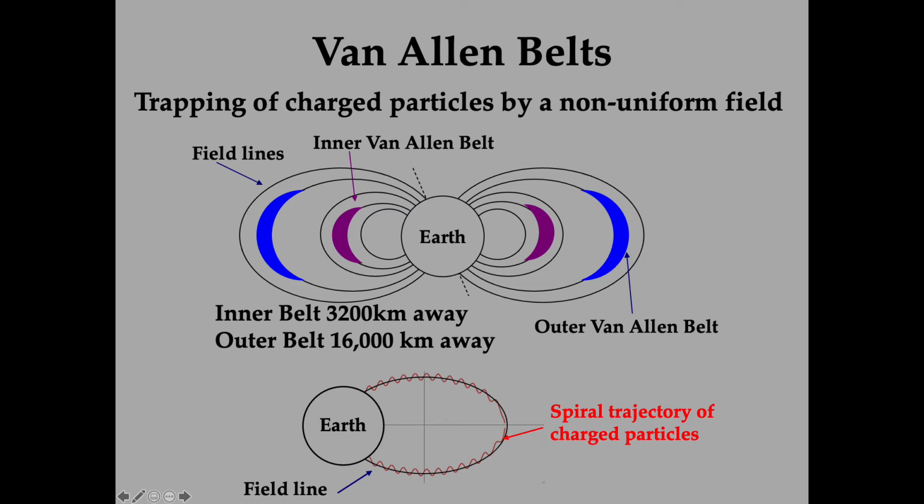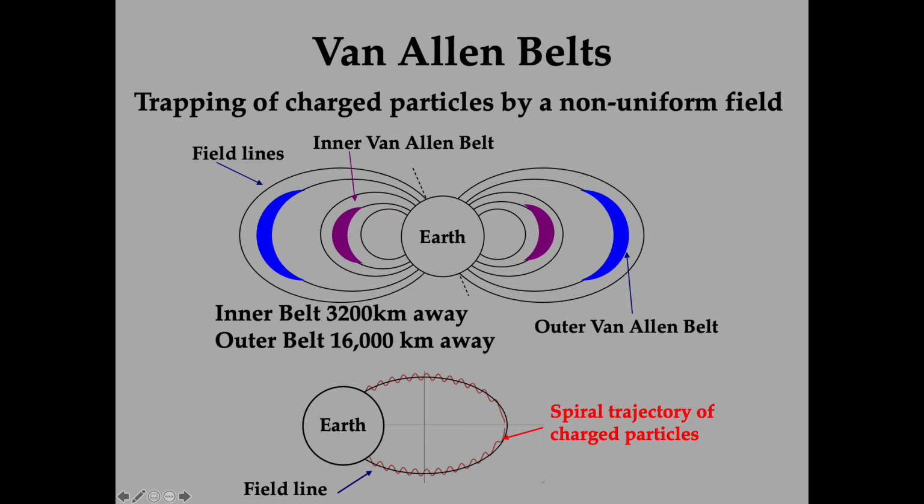In the bottom figure, you can see the particles exhibit a spiral trajectory as opposed to a circular motion. That's because, one, you have a non-uniform magnetic field, and two, the velocity vector of these particles has a component parallel to the magnetic field and one perpendicular to it.